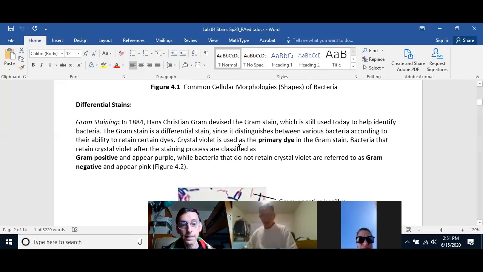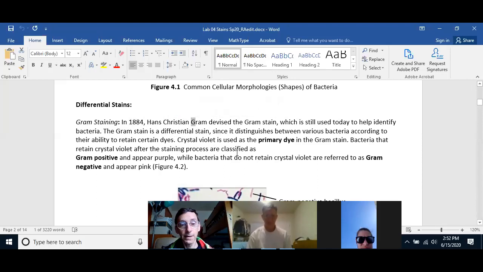And it's the most widely used stain in microbiology because it can separate cells on the basis of their cell wall. Any questions about that? I won't ask you what year he invented it, but you really should, when you're using the Gram stain, start it with a capital G because it's named after somebody. Okay? Any questions about that?